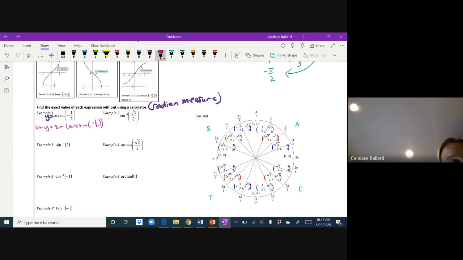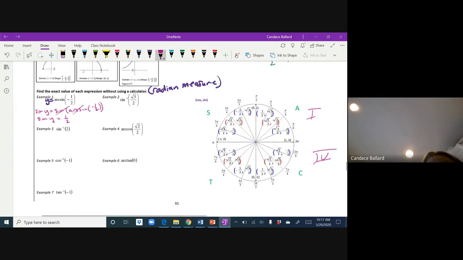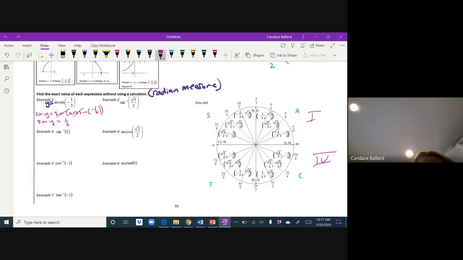So we know that these two would cancel, and I'm really looking for where the sine of y equals -1/2. All right, so that means I really need to look for a -1/2. I know I'm only valid in quadrant 1 and quadrant 4. So I'm looking for a y value of -1/2 in quadrant 1 and quadrant 4. Well, I'm looking at the y values. Ooh, I see one right here.